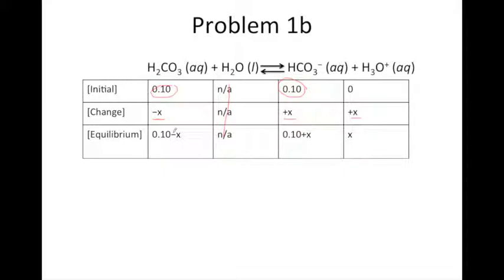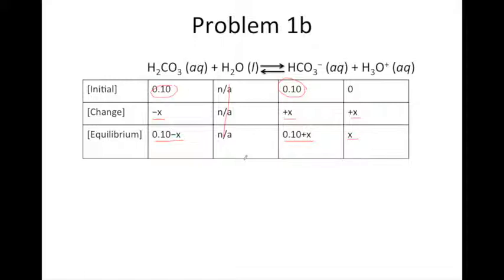At equilibrium, once our dissociation has reached equilibrium, the rates of the forward and reverse reactions are equal. Our equilibrium concentration of our weak acid is 0.10 minus the change, X, our concentration of conjugate base at equilibrium is the initial plus X, 0.10 plus X, and hydronium is initial plus X, or just X.